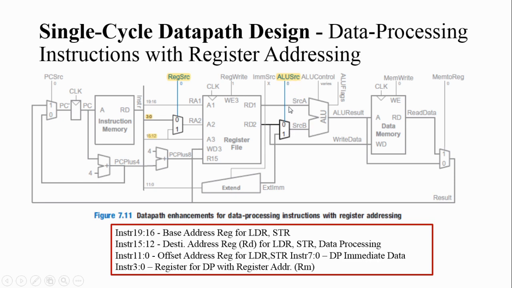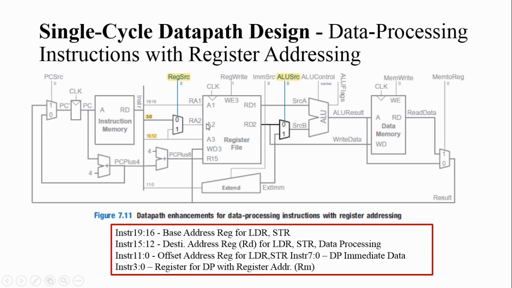If ALU source is 1, you will be sending the immediate value, right? The 8-bit sign extended immediate value. So for a data processing instruction with register addressing, you are adding two multiplexers. This multiplexer is used for selecting the second operand, right?